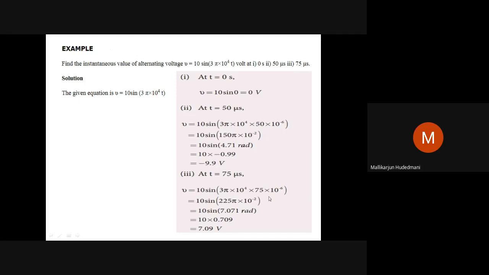Very simple, straightforward substitution. We have visited this problem once, but I am taking you through it with caution because it is necessary to understand such problems carefully. It is just to substitute the time given in the equation and get the magnitude of the voltage. It is a voltage wave; voltage I have to get.